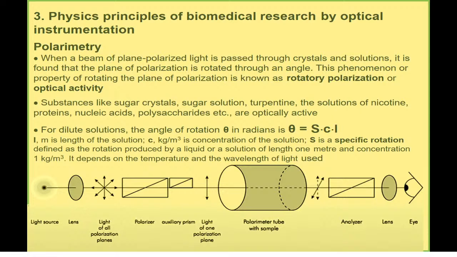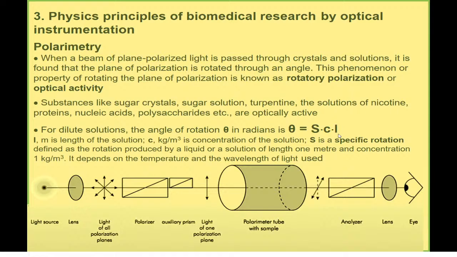This is constant for any substance that is under investigation. And this is the concentration in the solution, and this is the length of the tube, the cuvette, where the solution is placed.